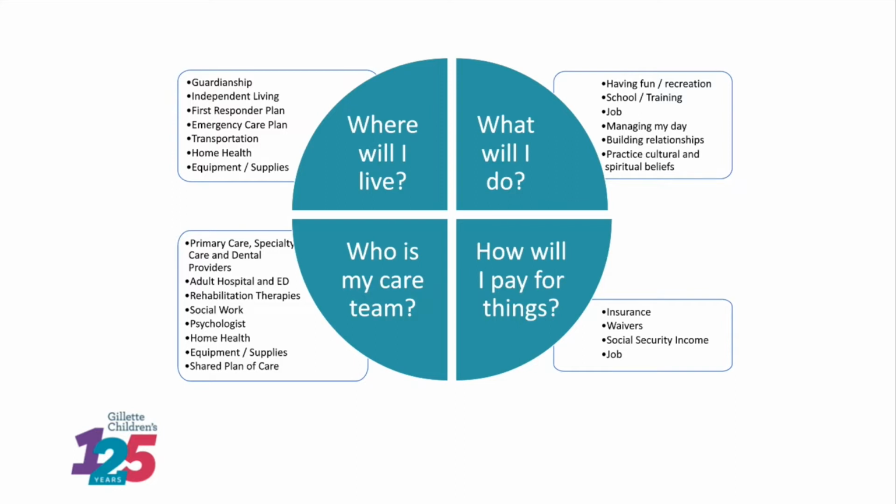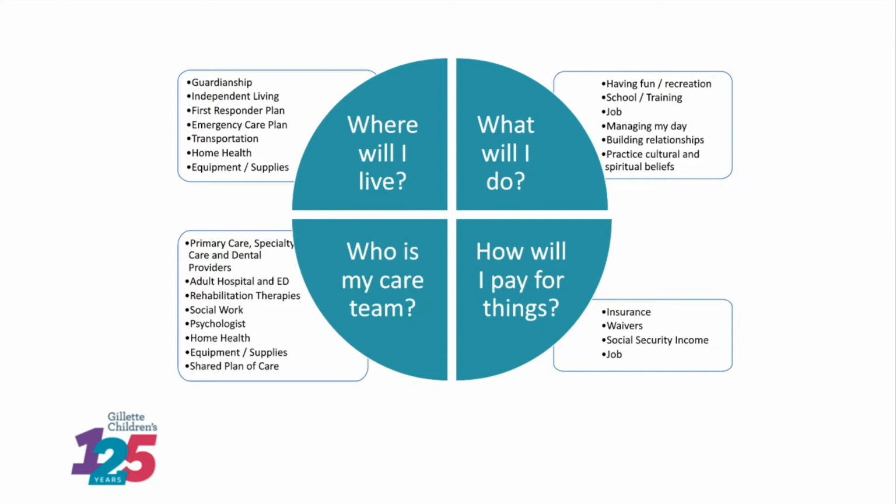We need to figure out all those pieces around where will I live and what are the resources and things that need to be in place for me to be successful in that environment. What am I going to do? For many of my patients, they've been in school and then maybe did a transition program, and now there's not much out there for them. Are there day programs that they can get involved in? Are there other social events that they can do?